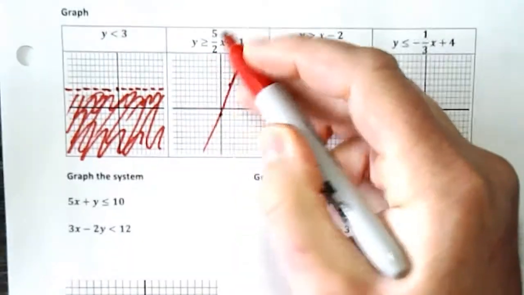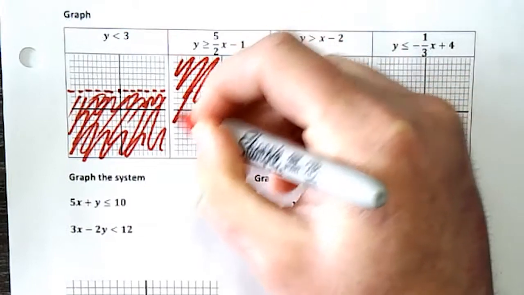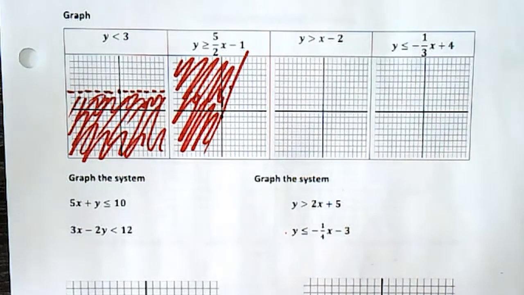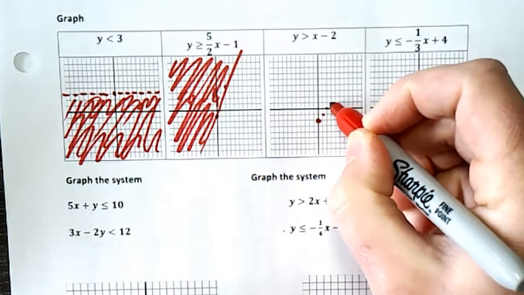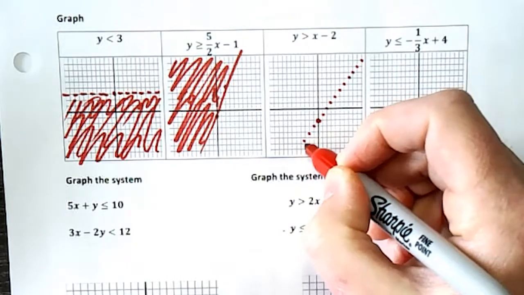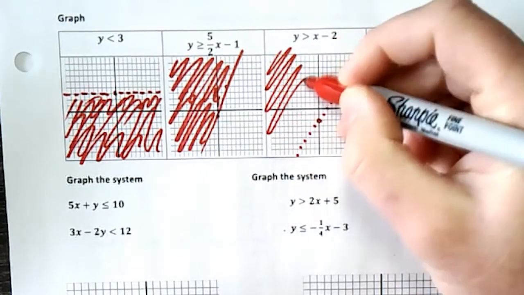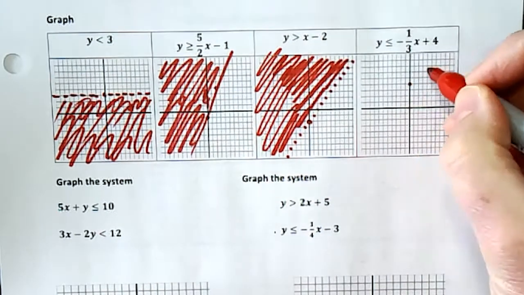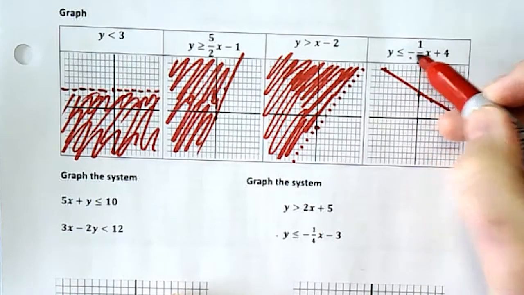And I want bigger than 5/2 x. And this one is greater than. And we want less than.